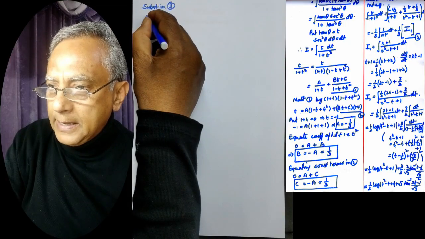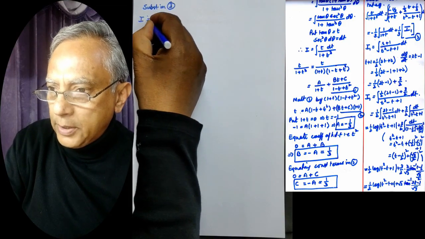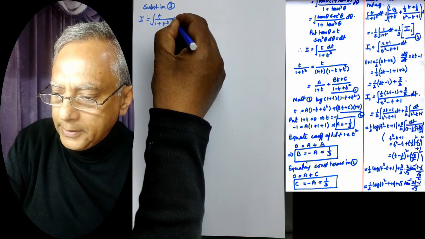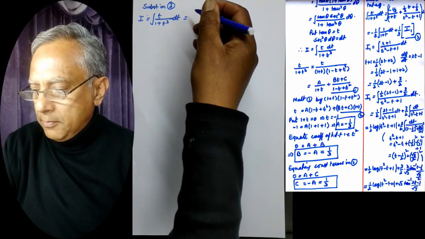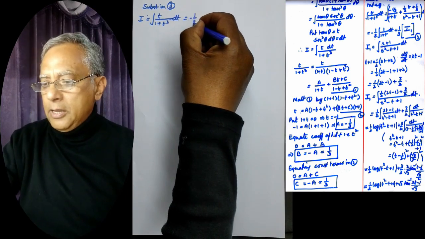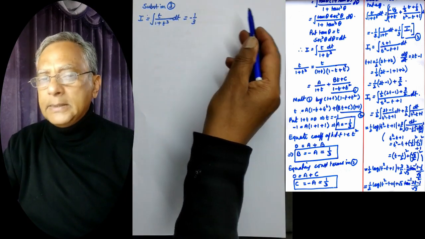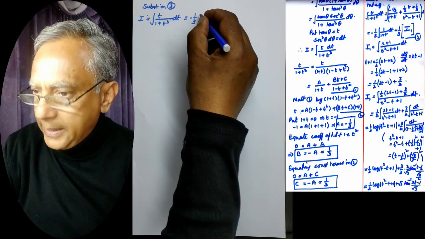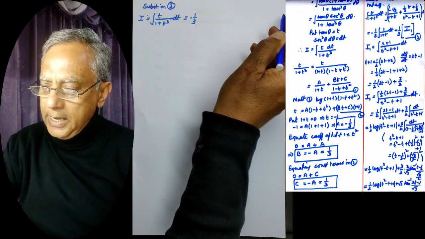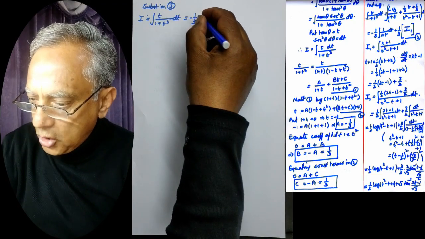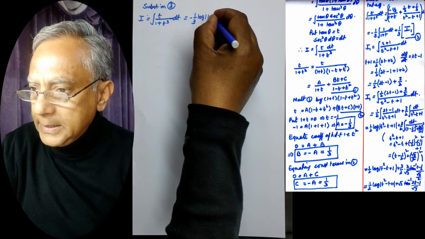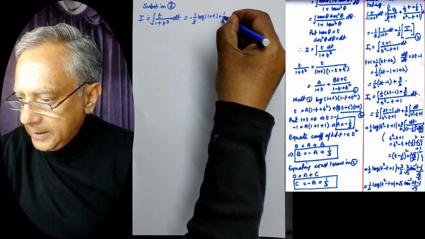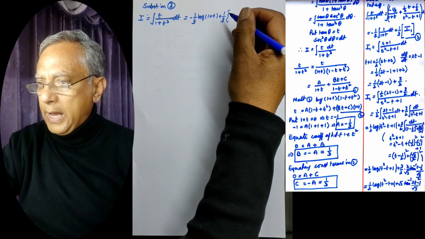What we get is I is equal to integral t over 1 plus t cube dt, which is equal to minus 1 by 3. You can see the last sheet as a side sheet. So this will be minus 1 by 3, and integral of 1 over 1 plus t will be log of 1 plus t, plus 1 by 3 into integral of I1.